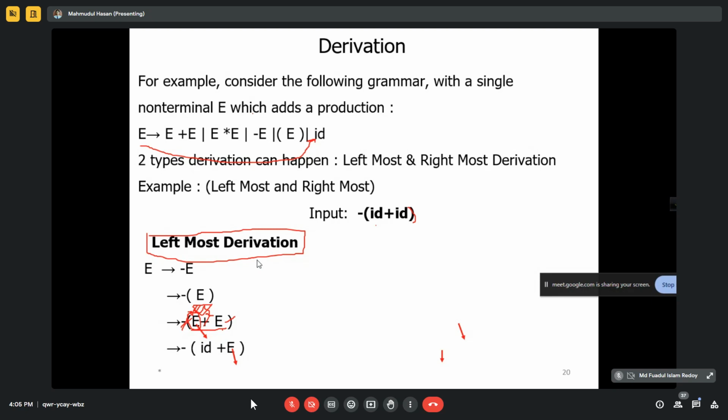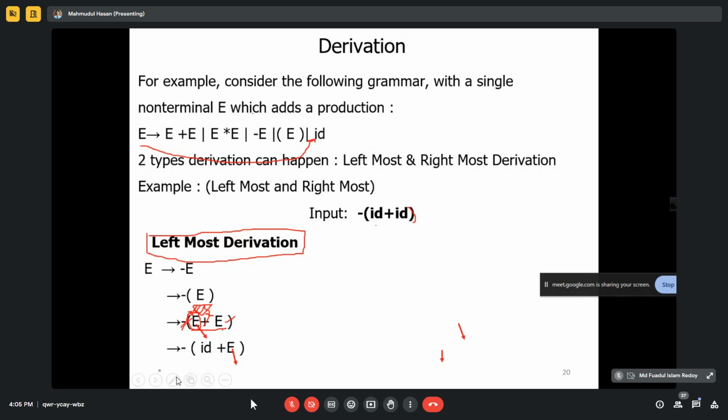It totally depends on you. You can choose anything, no problem. But if in the question paper I mention, please use leftmost derivation to derive this one, then you need to follow leftmost. Understood?